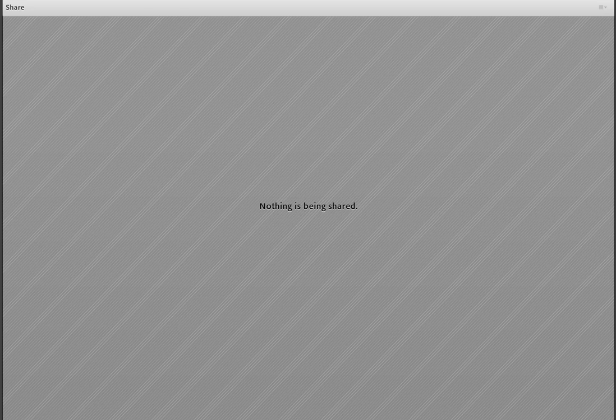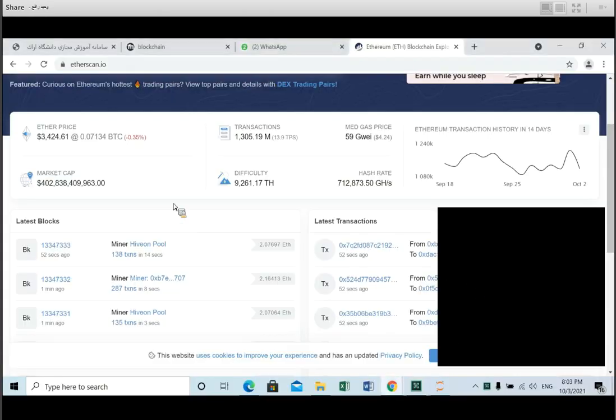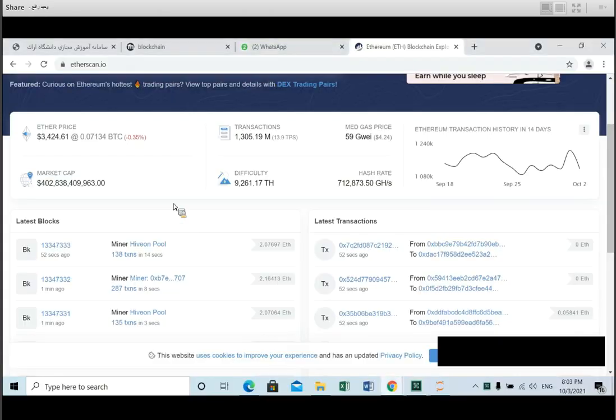See Ethereum Explorer. Let's share. Okay. This is the Ethereum Blockchain Explorer. Here are the latest blocks. Each block, as I said, has some transactions.